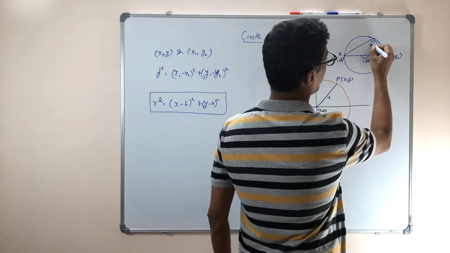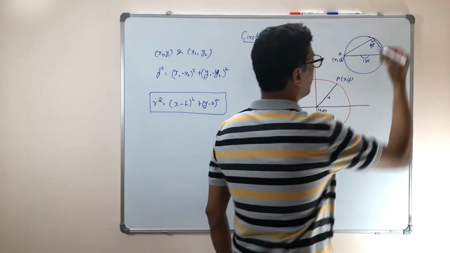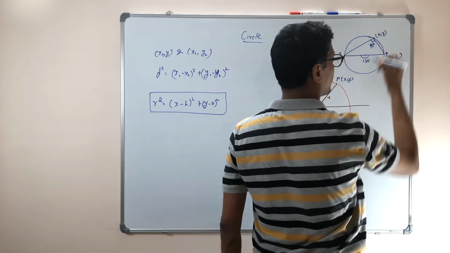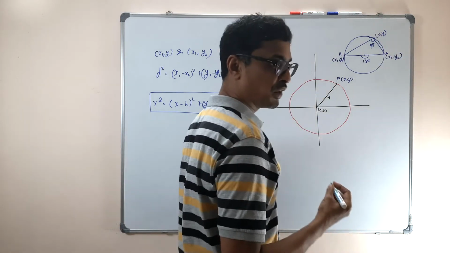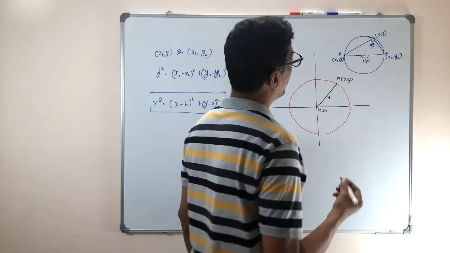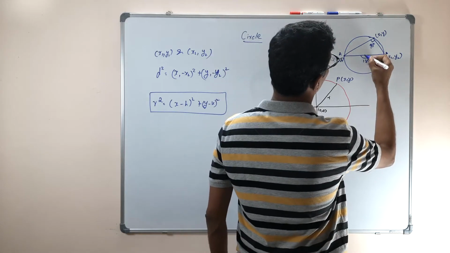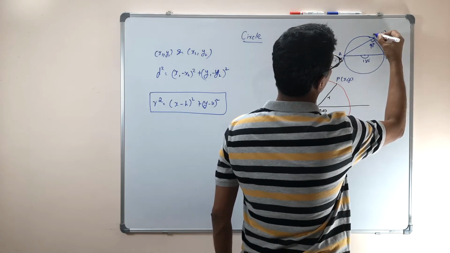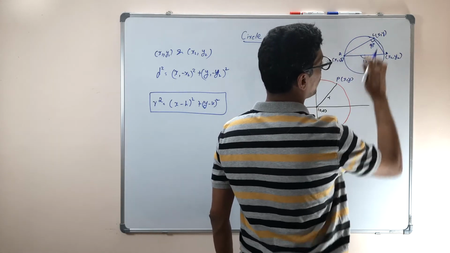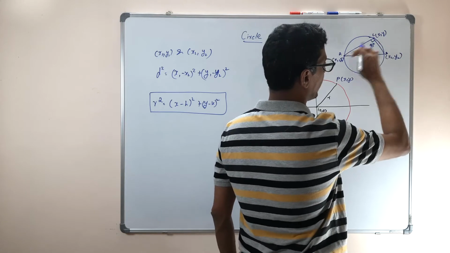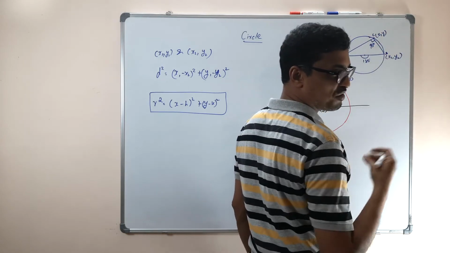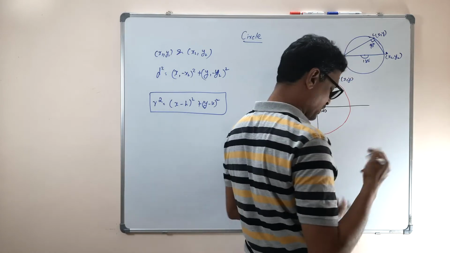So this will be 90 degrees. Now I am going to call this x comma y, and I'll call this c. The slope of AC will be perpendicular to this line. AC is perpendicular to BC. Therefore, the product of the slopes should be -1. You can do that way also.